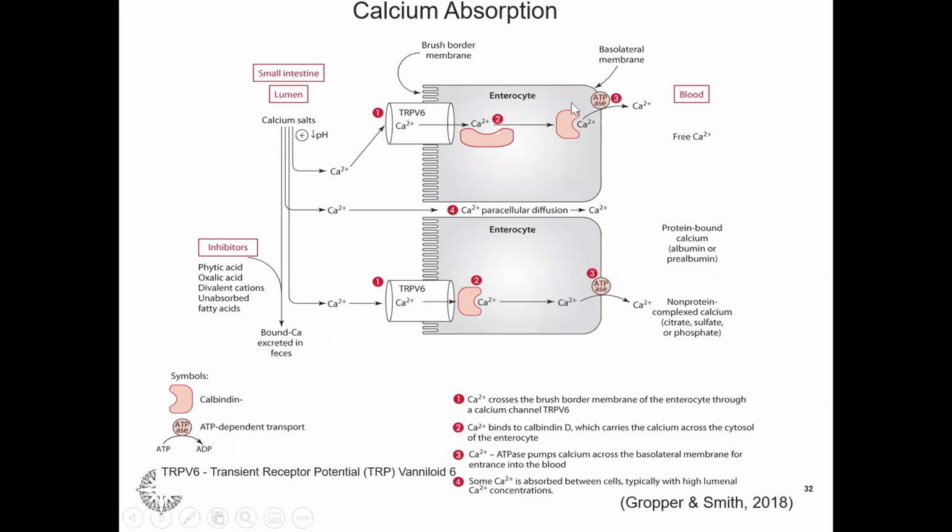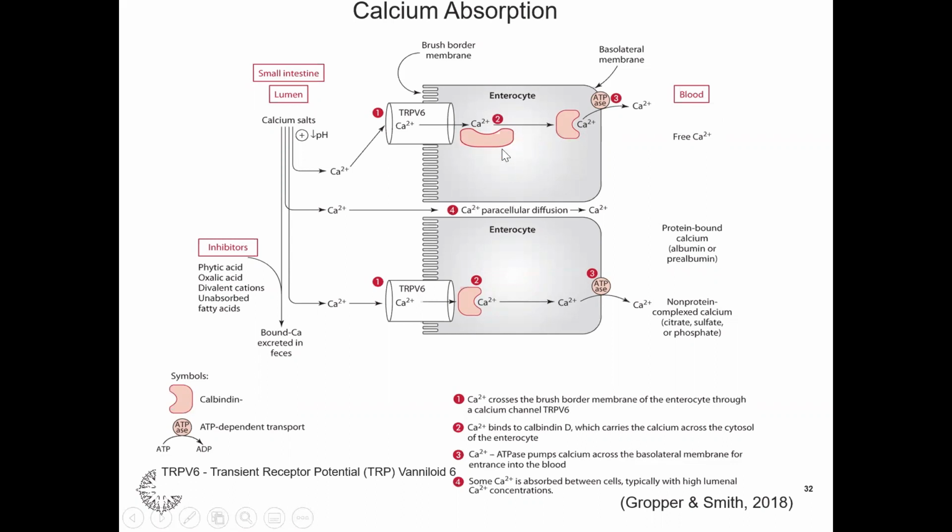When calcium comes inside, we have a different transporter, and it's like a ferry. This is called calbindin. This calbindin ferries calcium across the intestinal cell. I really don't know why it cannot swim on its own, but evolutionarily, it is something we have developed over the years.